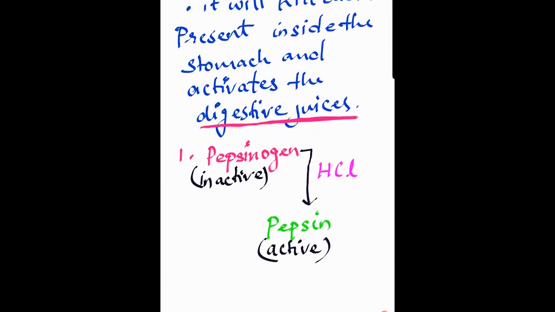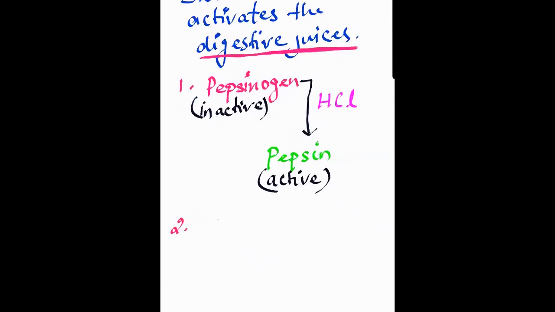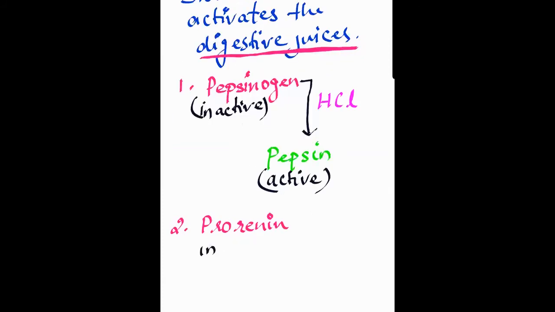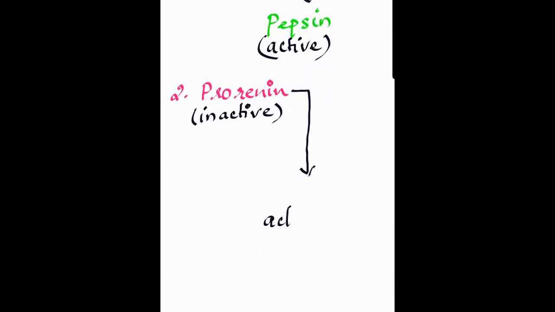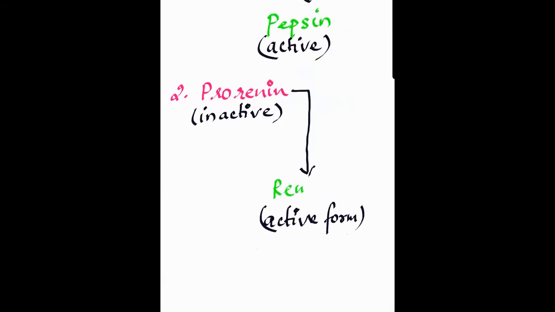Digestive juices: the first one is pepsinogen. The second one is prorenin. This prorenin is also an inactive form, which will be converted into the active form, renin.